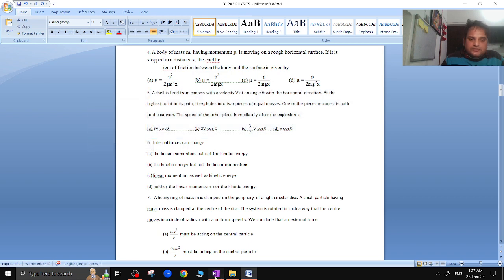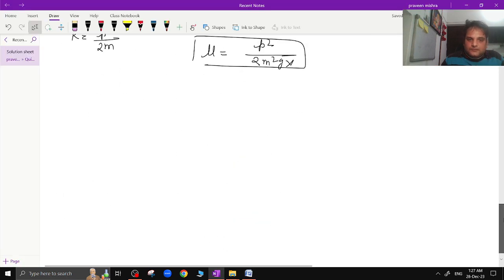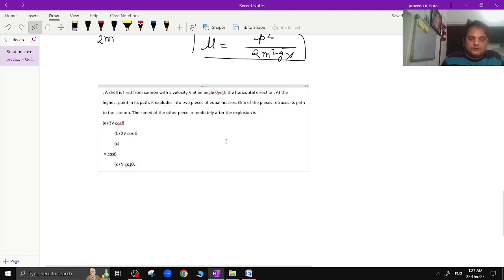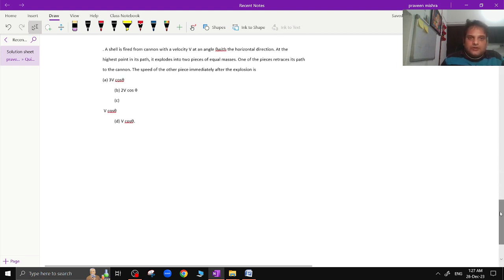And what is that question? A shell is fired from the cannon. So there is a cannon from where a shell is fired with the velocity v at a certain angle theta. Suppose this is a cannon.